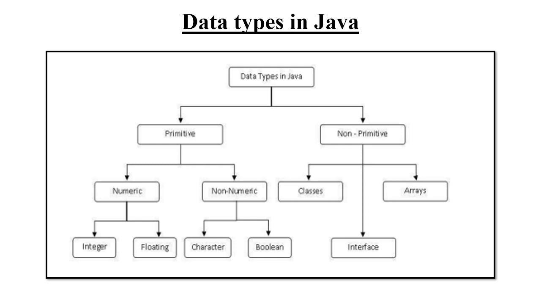If it is a non-numeric value, we can represent it as a character or Boolean type. Moving to the non-primitive data types, classes, interfaces, arrays, and objects all come under non-primitive data types. At the end of this video, I'm going to present the difference between the primitive and non-primitive data types.